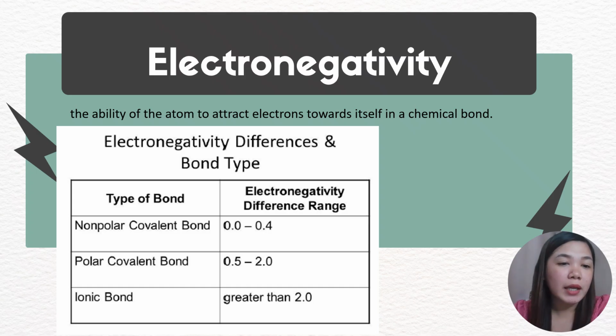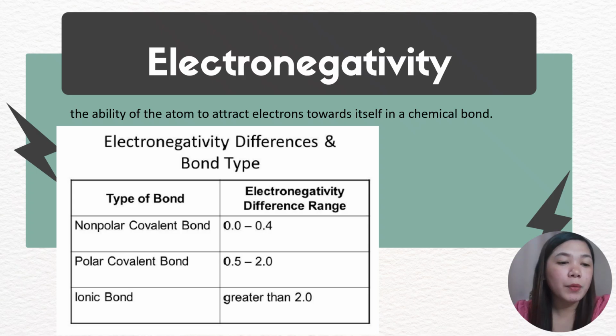The bond is a non-polar covalent bond if the electronegativity difference ranges from 0.0 to 0.4. It is a polar covalent bond if the difference ranges from 0.5 to 2.0. And it will be an ionic bond if the electronegativity difference has a value greater than 2.0.